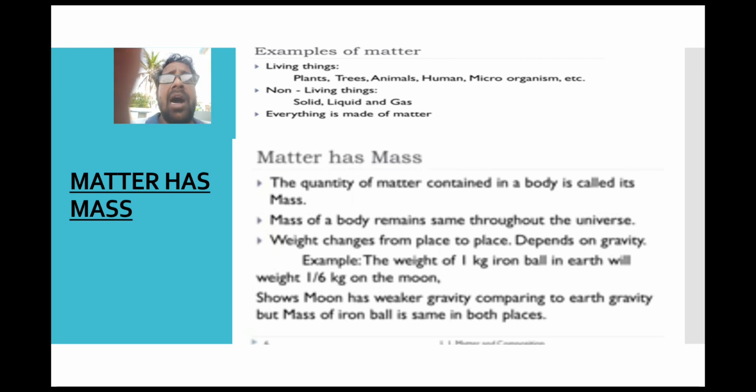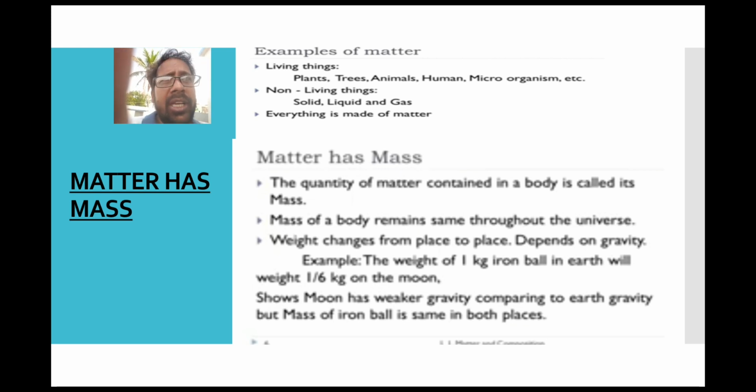Matter has mass. What is mass? The quantity of matter contained in a body is called mass. The first point is that the quantity of anything present in a body is called mass.